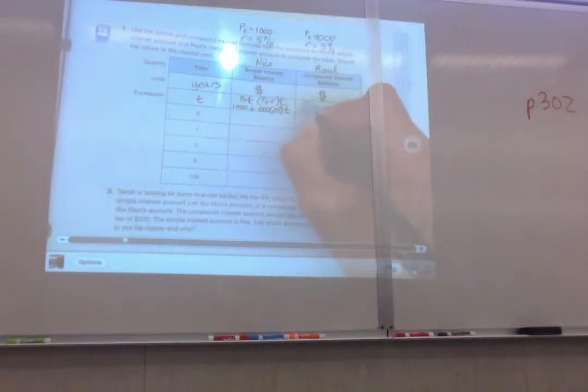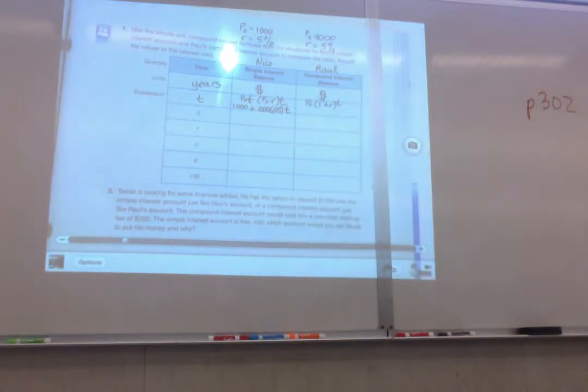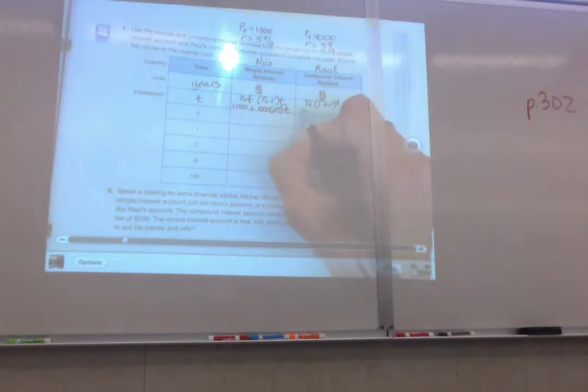Okay, Raul, his formula is different. Compound interest: P0 times (1 plus R) raised to the T. Or 1,000 times 1.05.